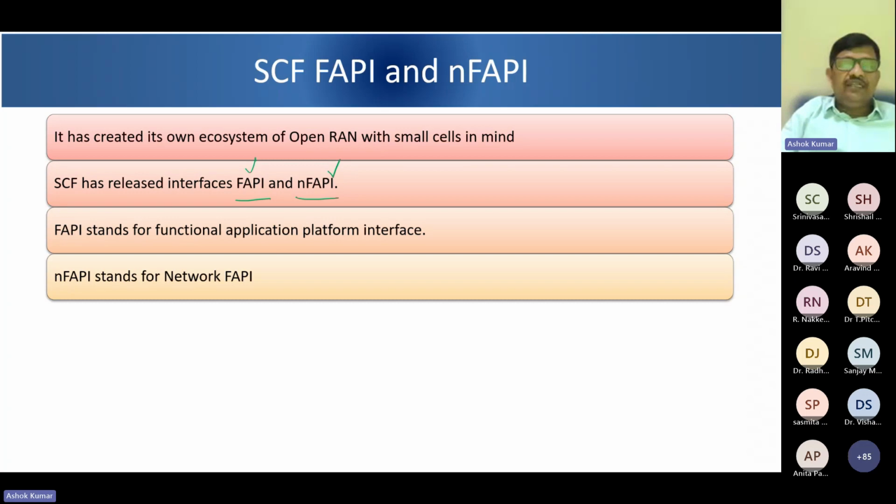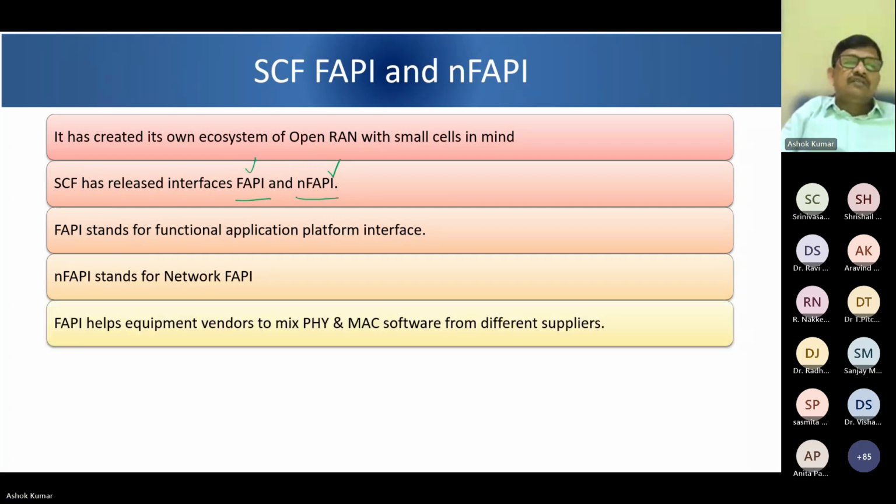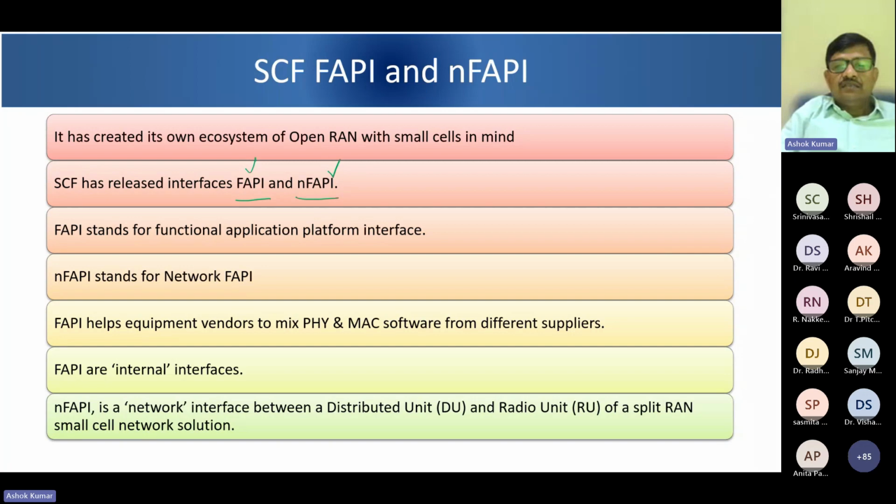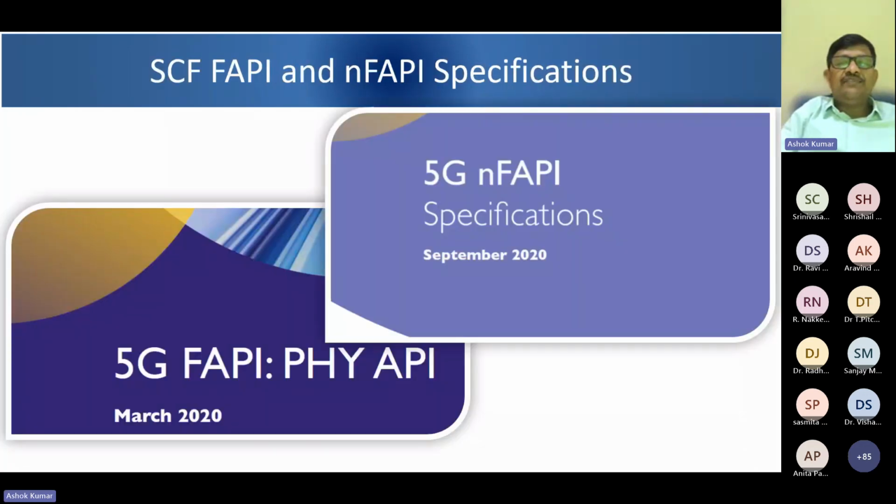These are freely available. So you can mix and match physical and MAC layer from two different companies. FAPI and nFAPI specifications are available on their website free of cost to anyone and everyone. Even if you want to develop something, you can use these standards.